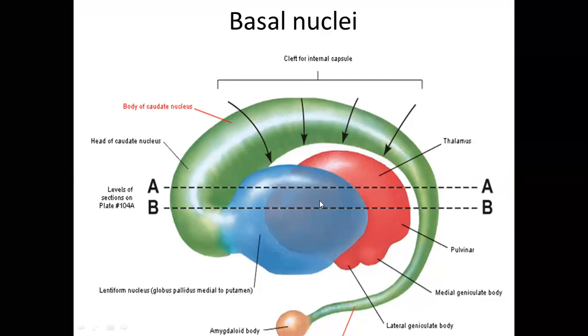As they lie in the base of brain, we call it basal nuclei. Basal nuclei is a part of gray matter of cerebrum. It contains the neuron cell bodies, and the various nuclei in the basal nuclei are lentiform nucleus, caudate nucleus, thalamus, amygdaloid body. So these all are basal nuclei.